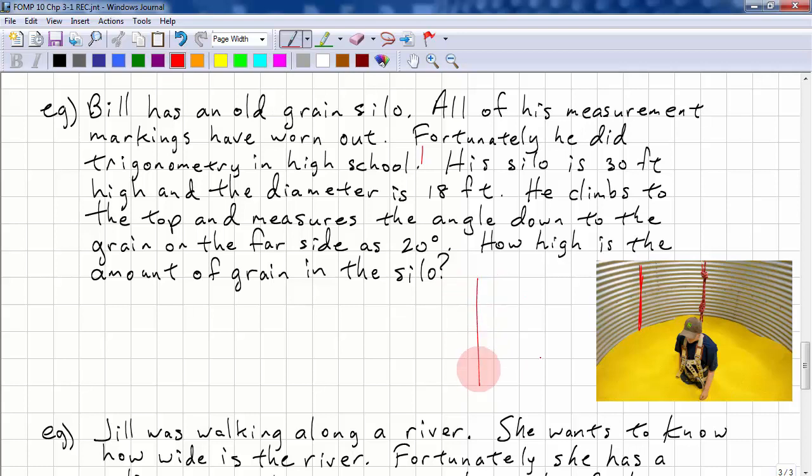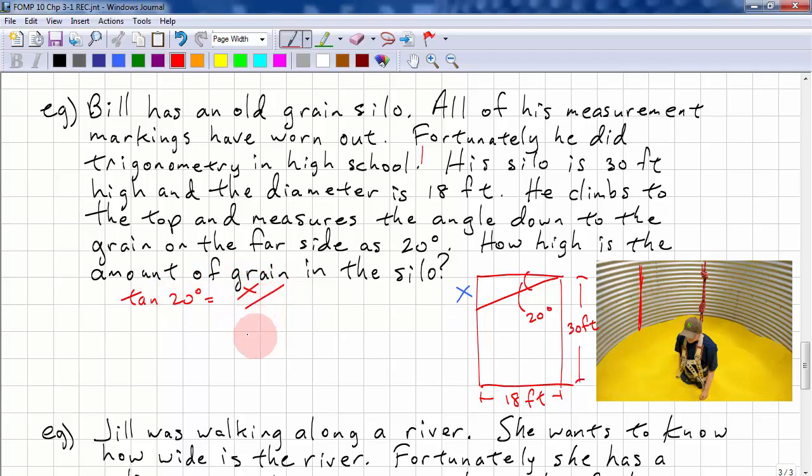Okay, so we draw a picture. This is the side view of the silo. So we have 30 feet from here to here. He's measuring 20 degrees. And it's 18 feet in diameter. Okay, so we're calculating this x. tan 20 degrees equals x over 18 feet.